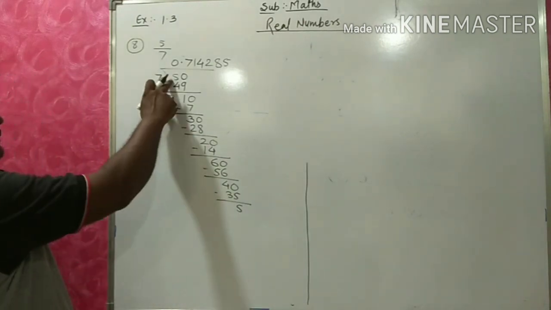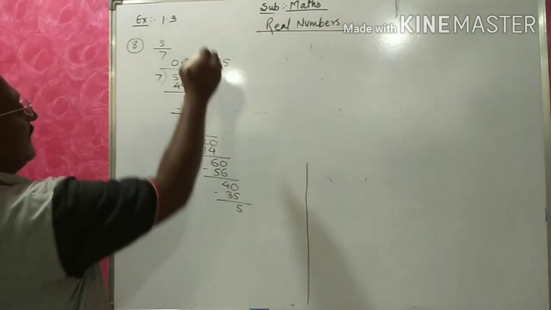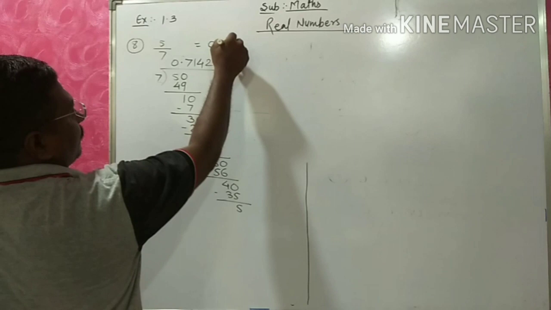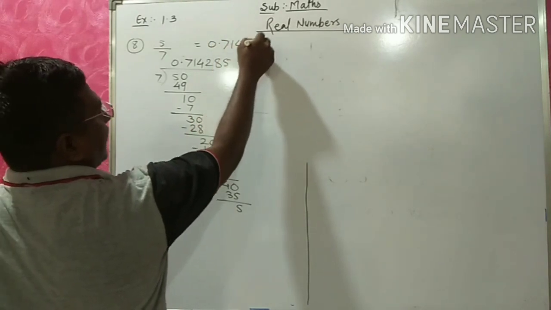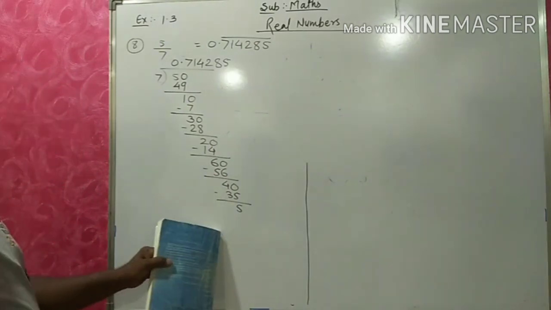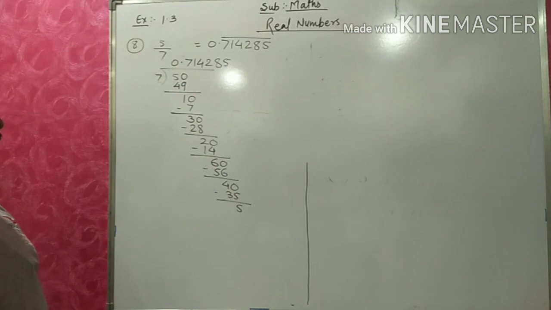Again the same number came, it is repeating. So we get 0.714285 bar. So the 5/7 decimal expansion we wrote.